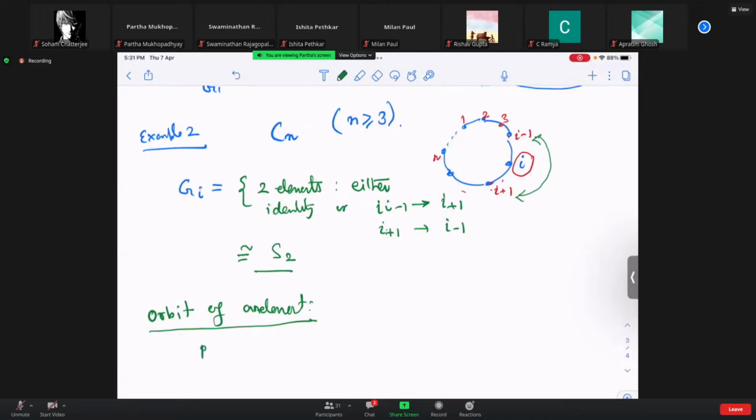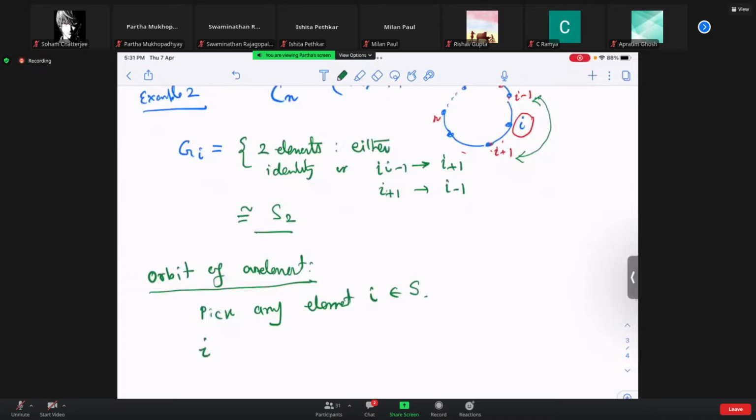So pick any element I from the set that you are working on. You can define the orbit, I^G, that's the symbol. The meaning of orbit is very simple. Orbit for the point I is the set of points where I will be moved by the group action.